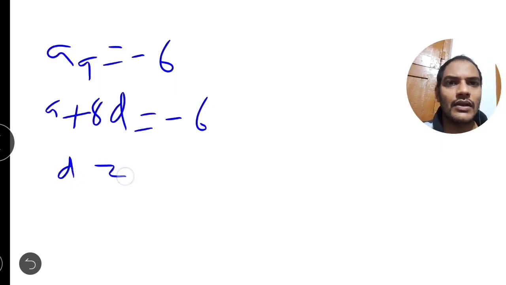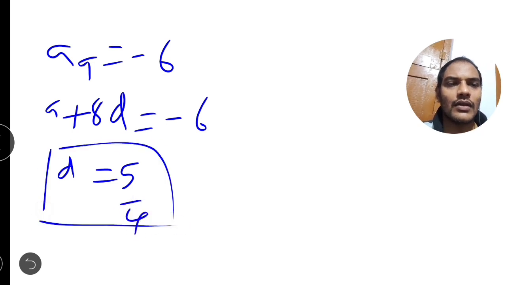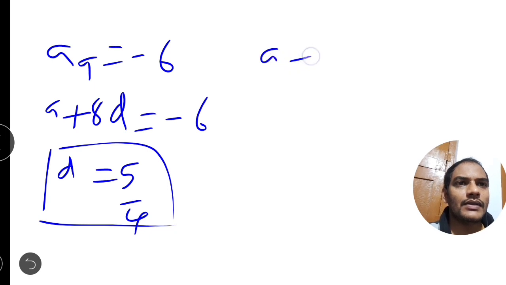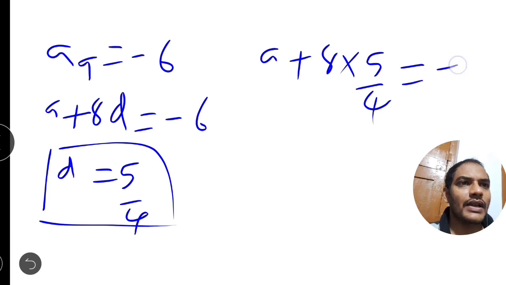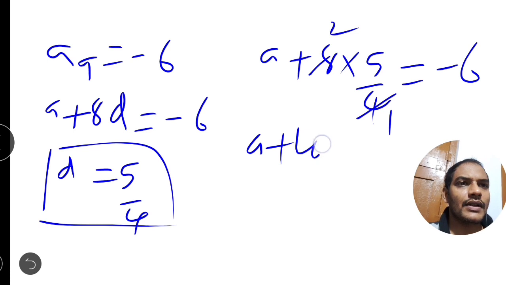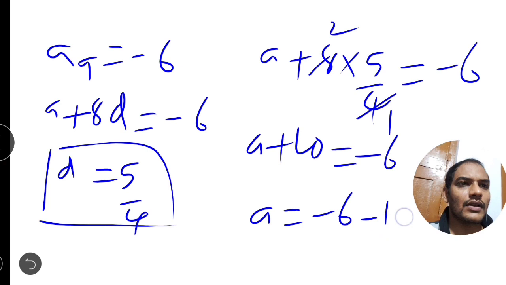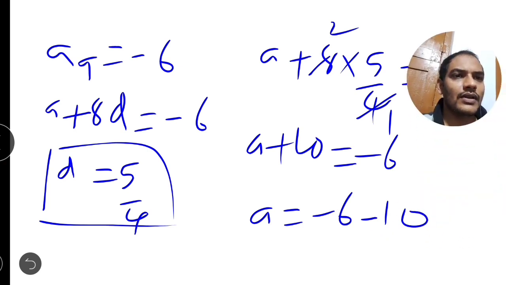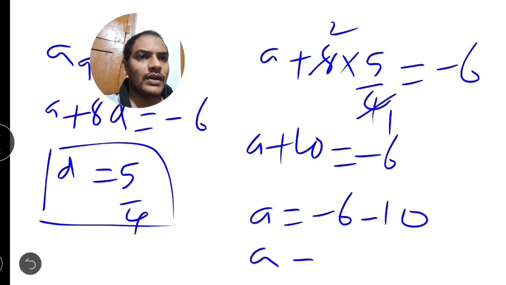Let's substitute: A plus 8 into 5 by 4 equals minus 6. 4 twos are 8, so A plus 2 5s are 10 equals minus 6. A equals minus 6 minus 10. A value is minus 16.